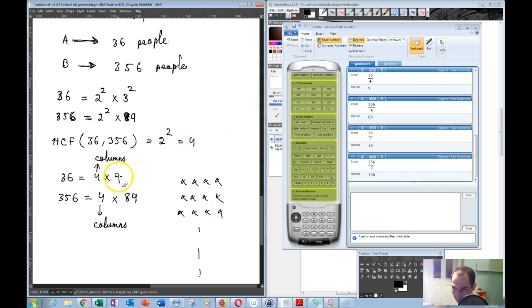Out of these people, you would get 9 rows, and out of these people, you would get 89 rows. And that's basically how you could solve this problem. So this concept of HCF can be used in a context like this, and it's actually the largest number upon which both of these numbers are divisible.